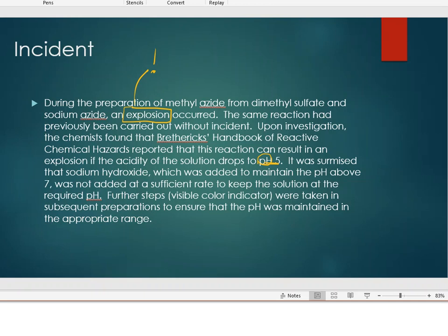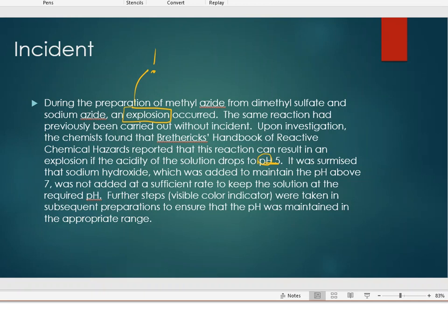All the other times, probably, this pH has not been disturbed. But this says an explosion could happen if the acidity drops below pH 5. So maybe, just maybe, in this particular case, something happened. The pH went below 5, and we get an explosion.